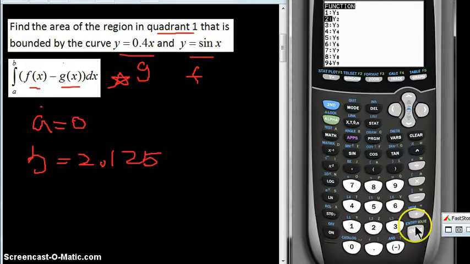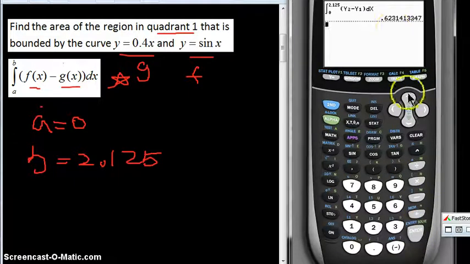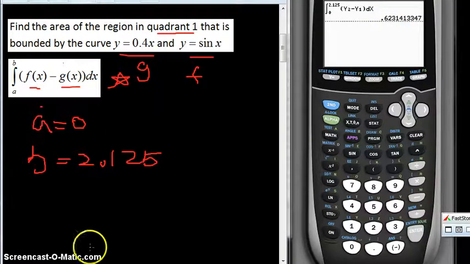So it's going to be Y2 minus, go to Y-vars again, function, Y1, and integrate with respect to x, equal to, voila, 0.623. So my bounded area is equal to 0.623.